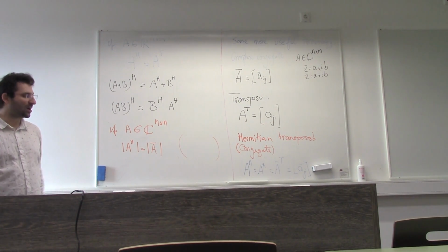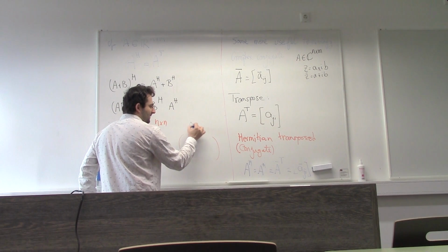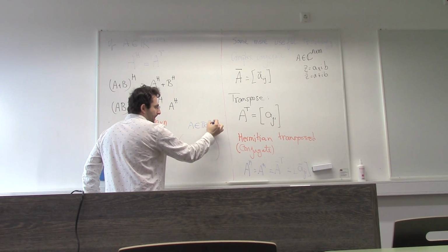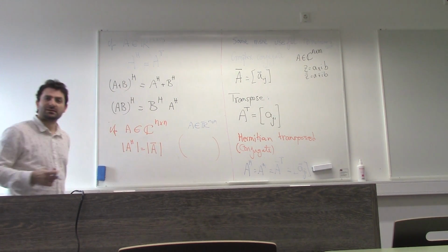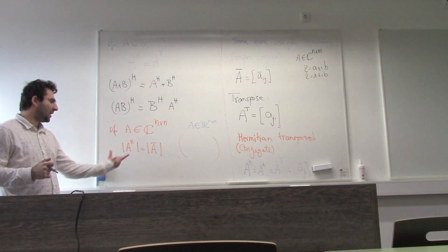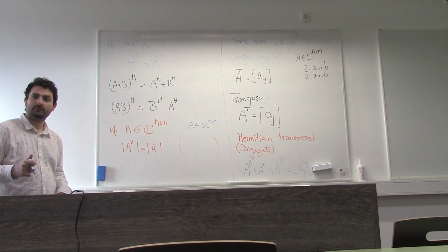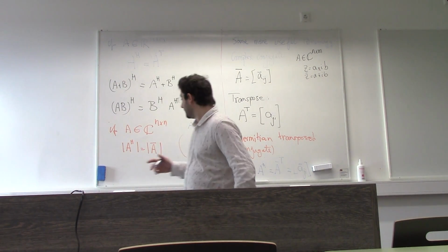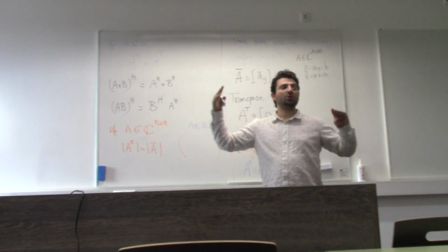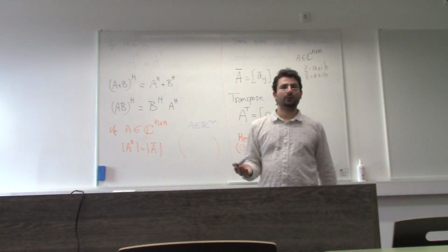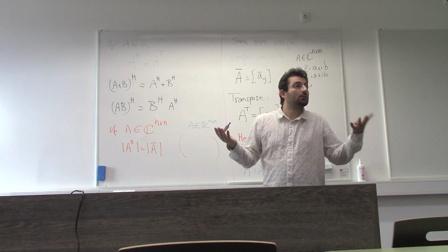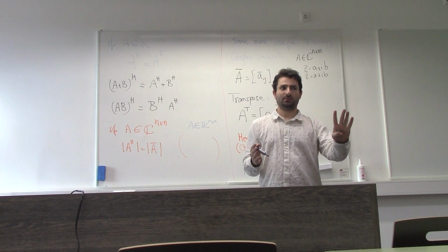But if A is an S-square matrix of real numbers, how can I simplify this formula? Tell me, what is the conjugate in case of real numbers? It's the same number. Conjugate, it's the same.